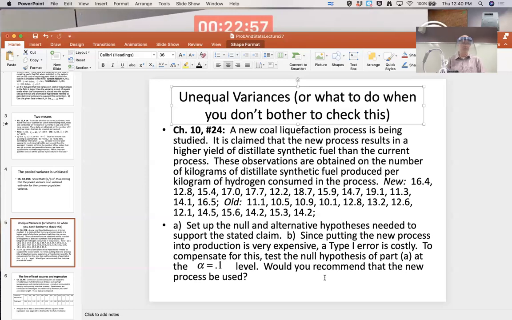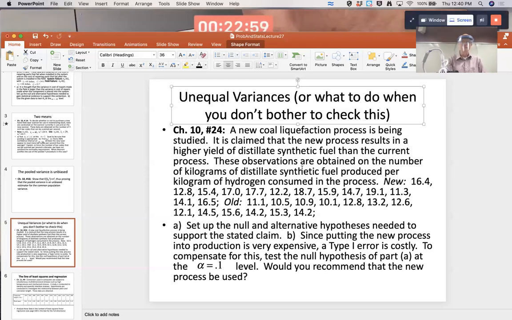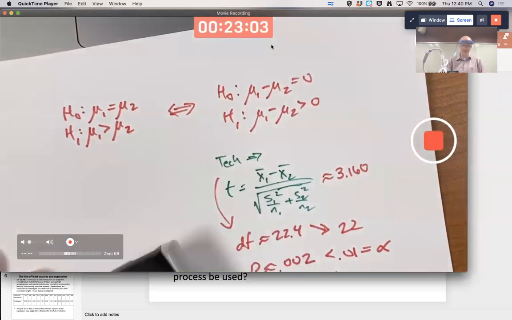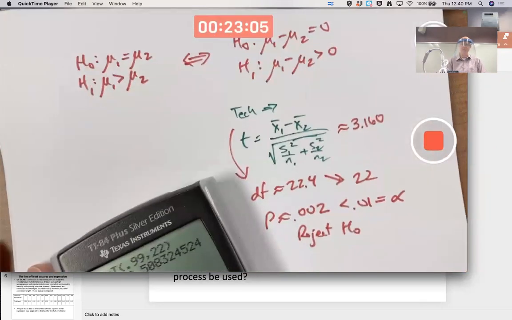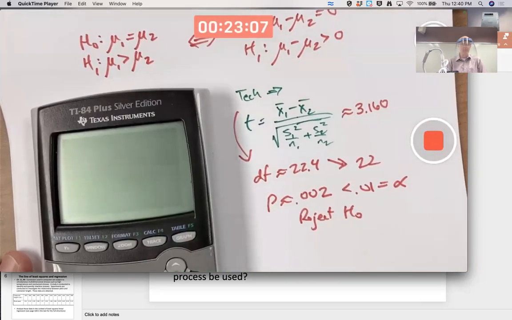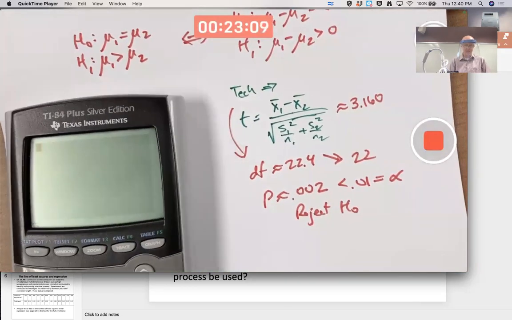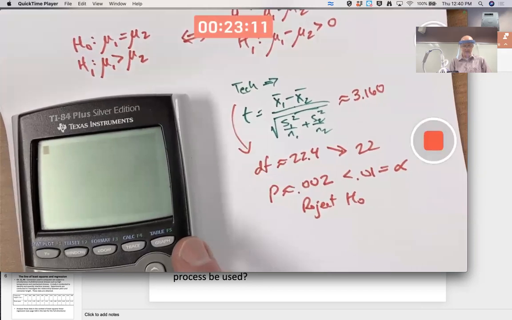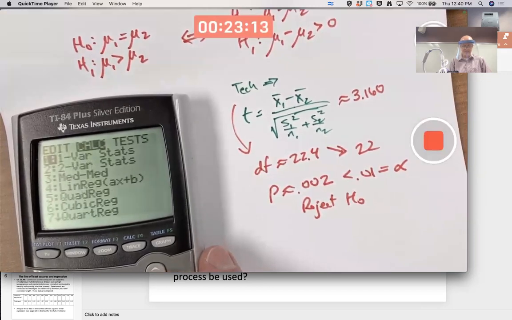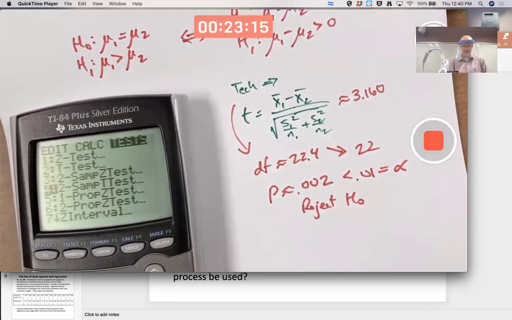As far as a confidence interval goes, we're not asked for one here. But we could compute one if we wanted to. Confidence interval for the difference. Let's go ahead and write down the numbers that we got with that 2-sample t-test. They were in there.